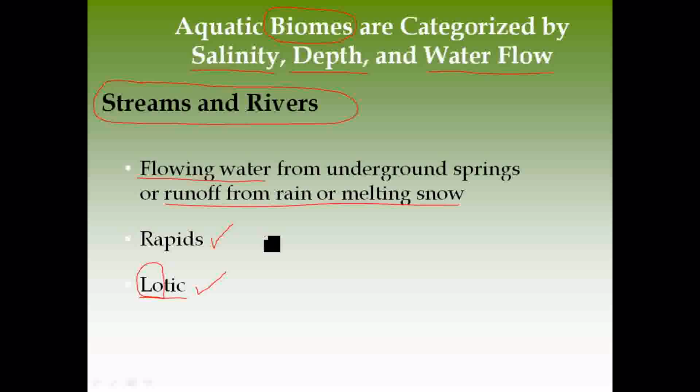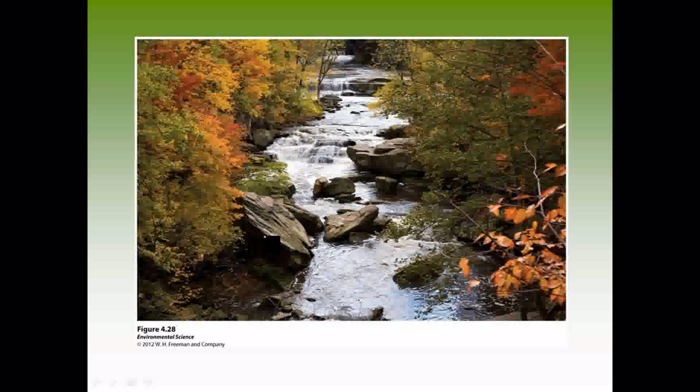And I think in the book they have a nice picture of a flowing stream. So that is going to have different animal life and plant life than water that's standing still, for the obvious reasons. Some aquatic species need that moving water in order to survive. Others would much prefer standing water, like a lake. And that's all I want to say about streams and rivers.